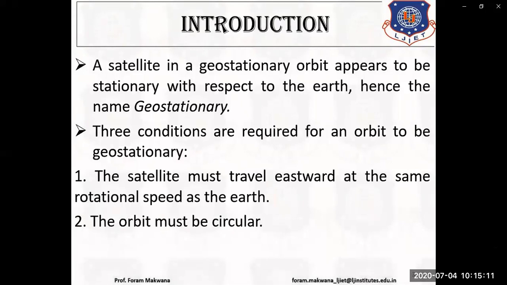How can it be possible? As the geostationary orbit lies on the equatorial plane of Earth, the value of eccentricity will be 0. As we have seen in Kepler's first law, if the value of eccentricity is 0, then the orbit must be circular.